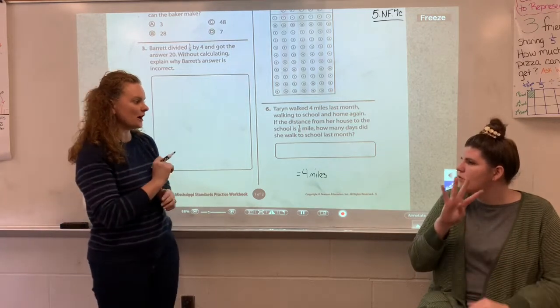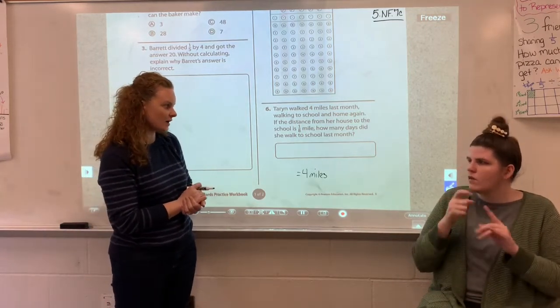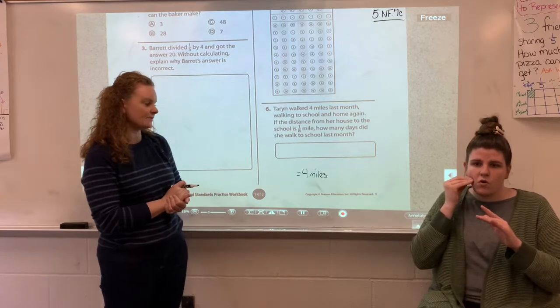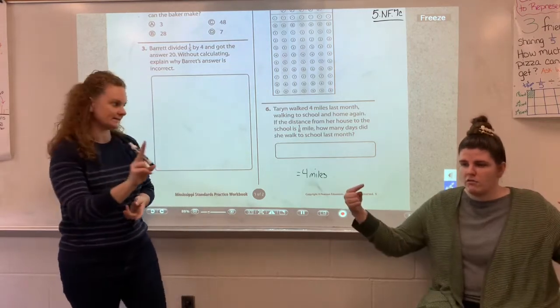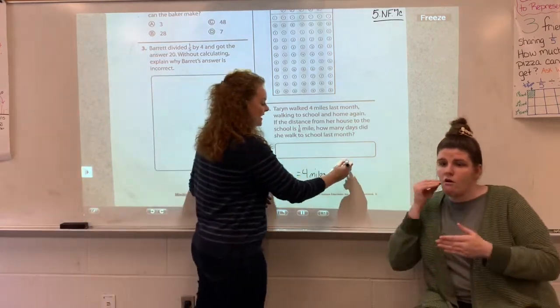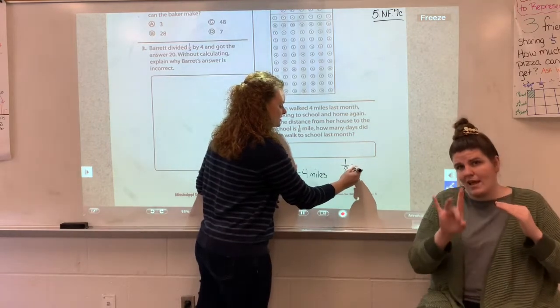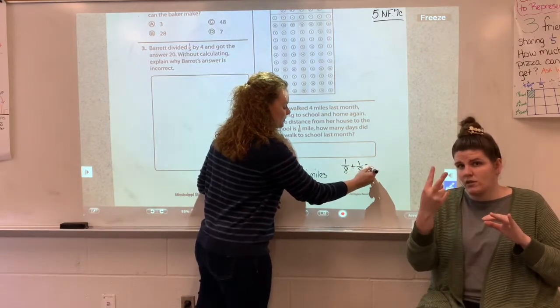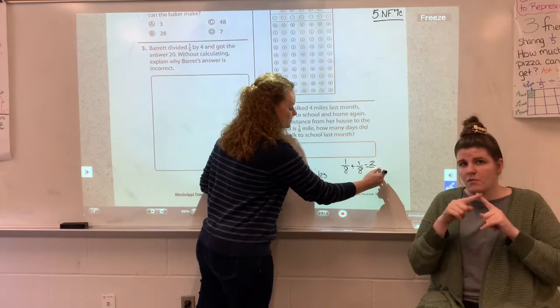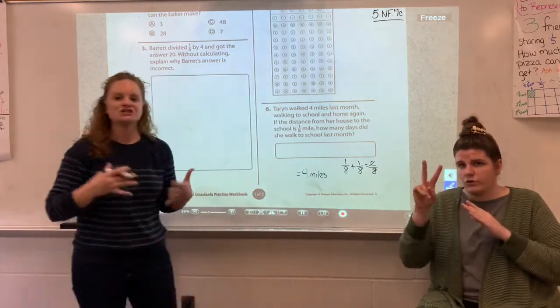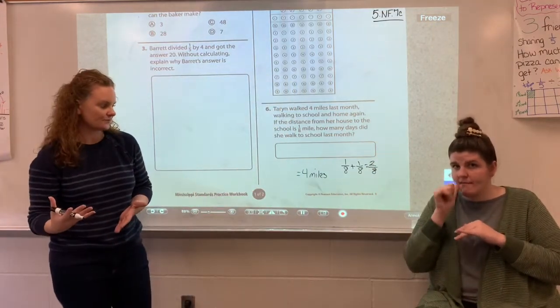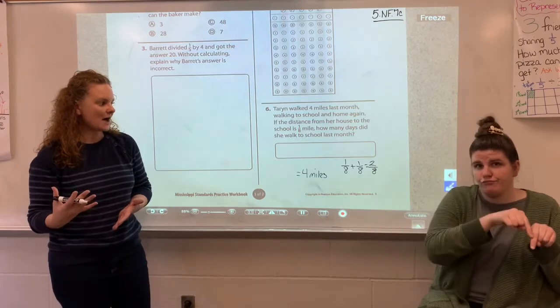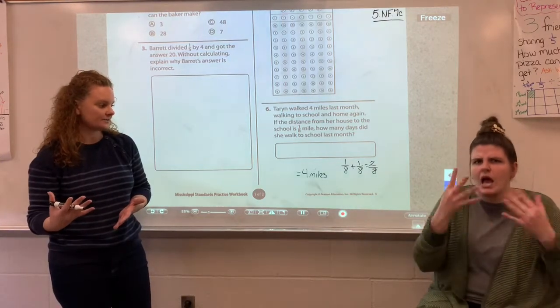So from her house, the distance to school is 1/8 of a mile. So she did that twice. She did 1/8 plus 1/8 would equal 2/8, okay? 2/8 each day is how long that would take her.